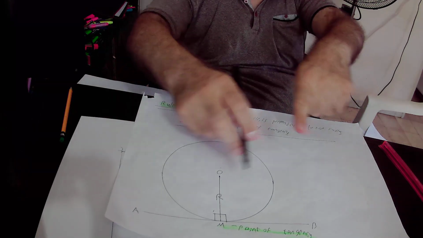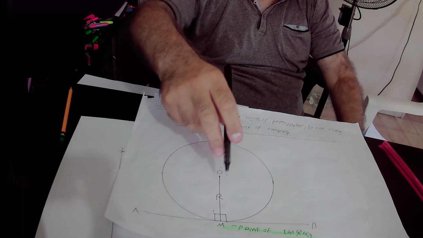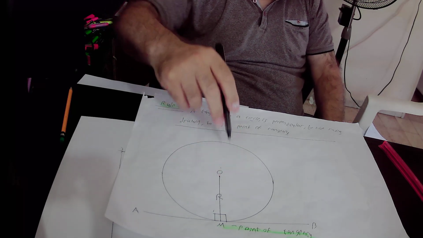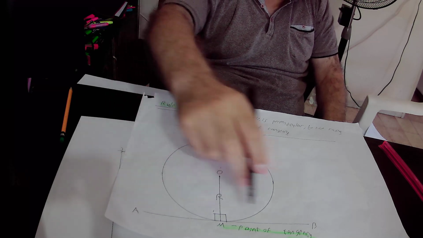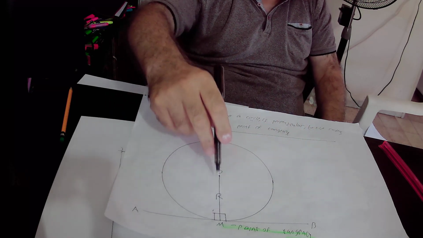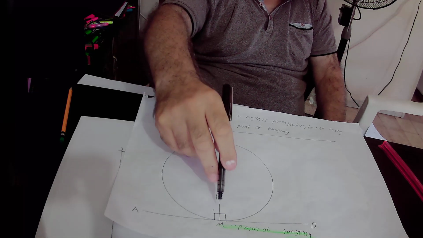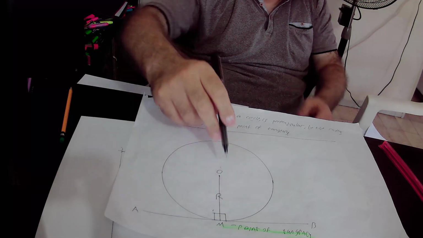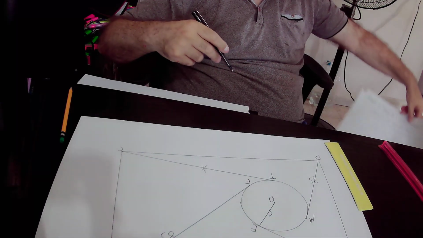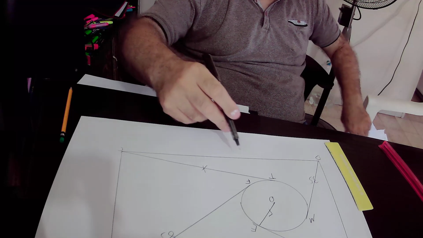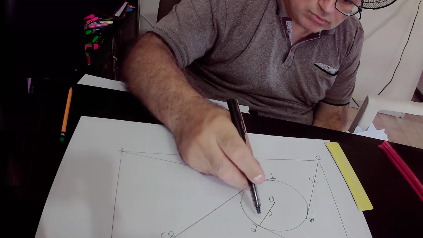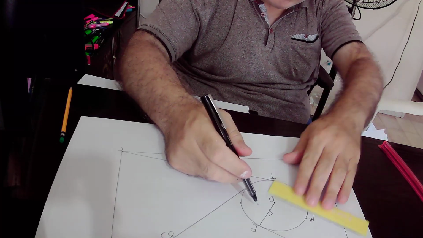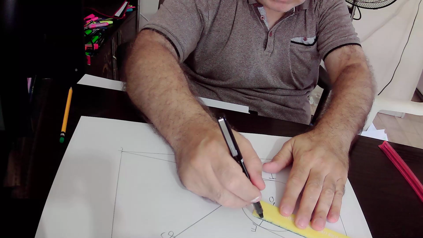We have tangent AB that is tangent to this circle at point M. Point M is the point of tangency. And we have the radius OM that is drawn to the point of tangency. Therefore, tangent AB will be perpendicular to the radius MO. That is to say, this angle will be equal to 90 degrees, and this angle will also be equal to 90 degrees according to rule number 1. Okay, so we have tangent AE, the radius OE is drawn to the point of tangency. Therefore, according to rule number 1, this angle will be equal to 90 degrees.